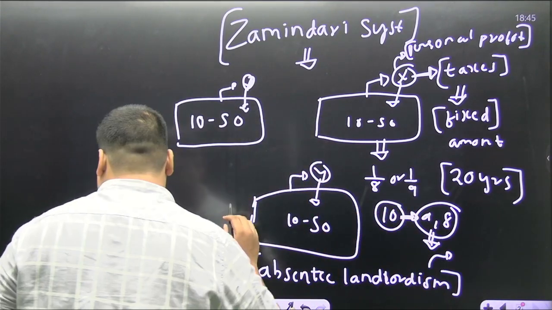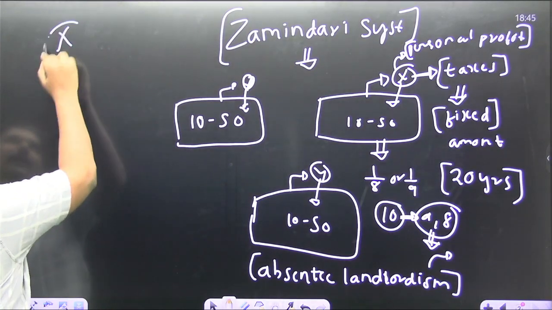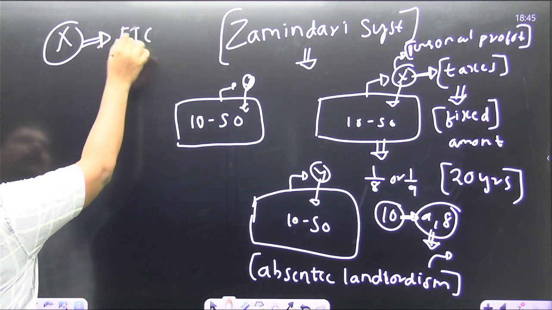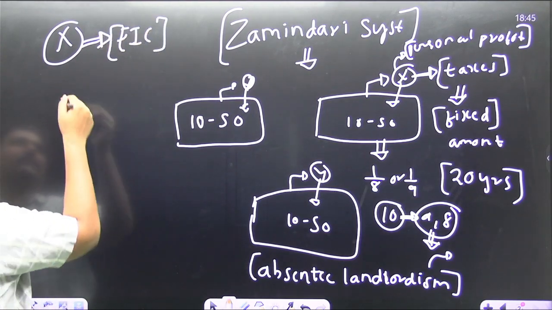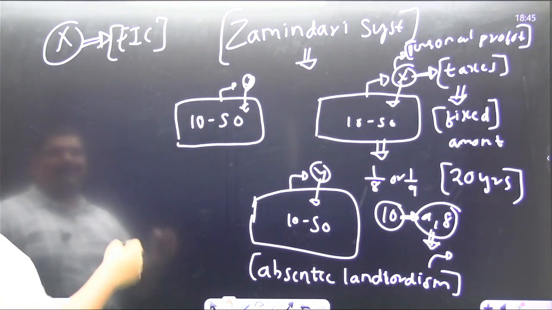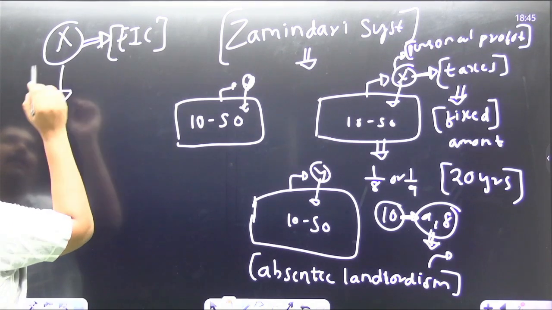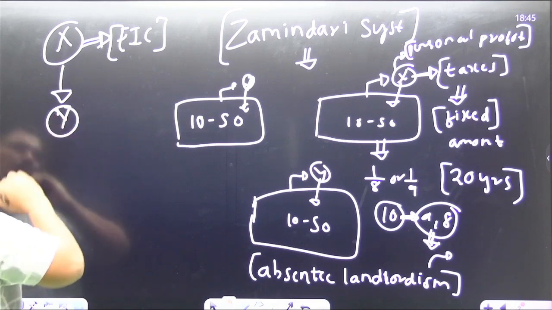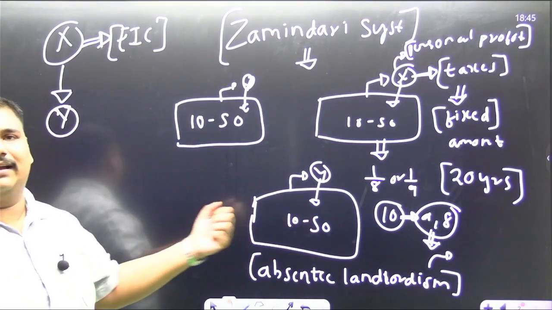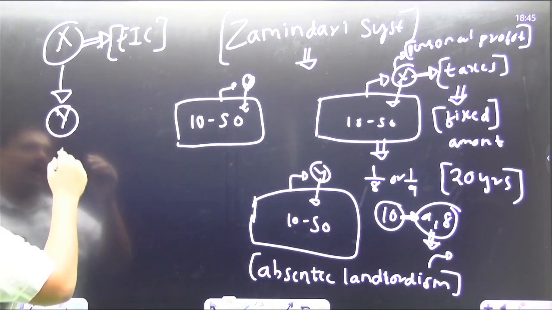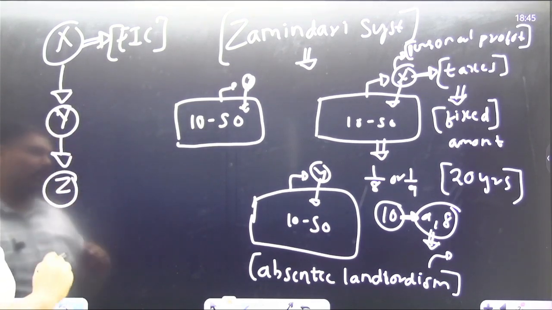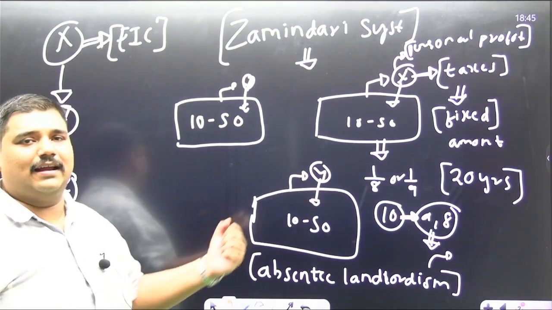Say X is a zamindar, the official zamindar, who will pay taxes to the company or the Britishers. Since X was well off and used to live in urban areas, X appointed another person, Y, and asked Y to collect the taxes. Y in turn asked Z to collect the taxes.